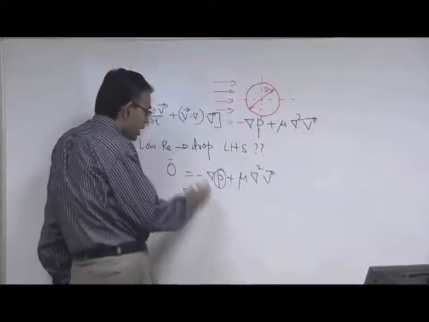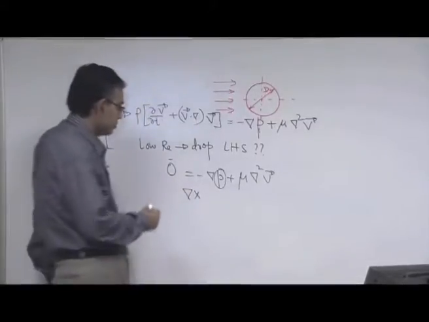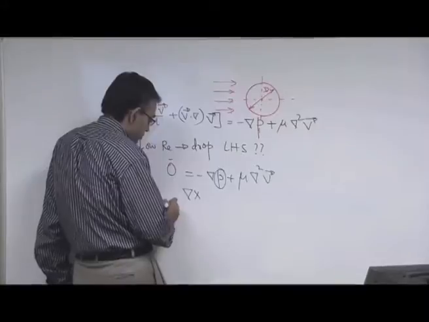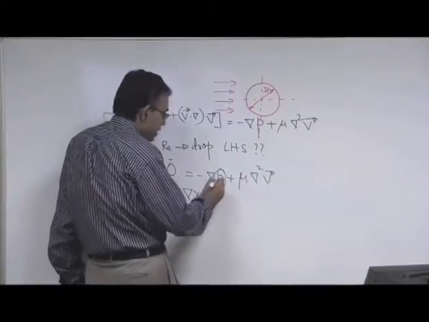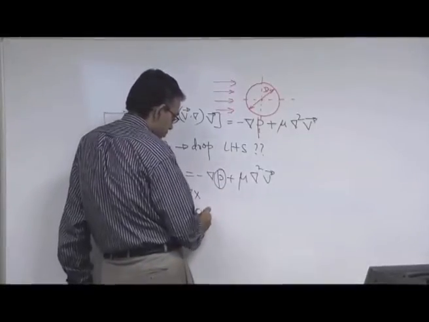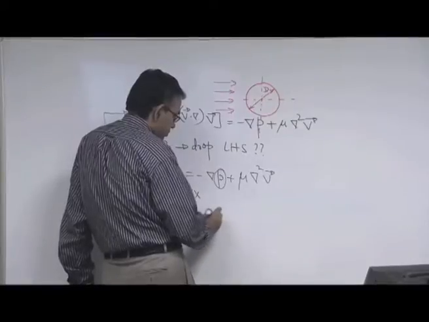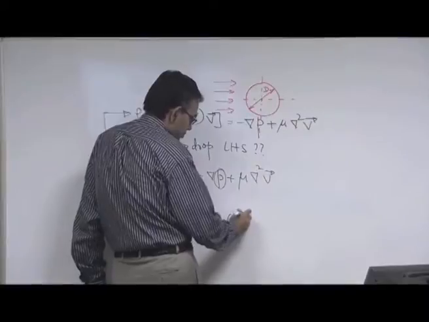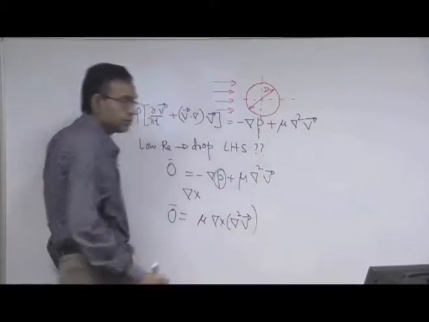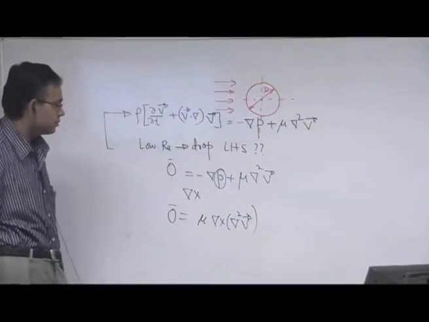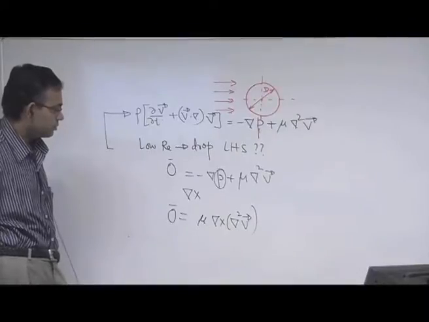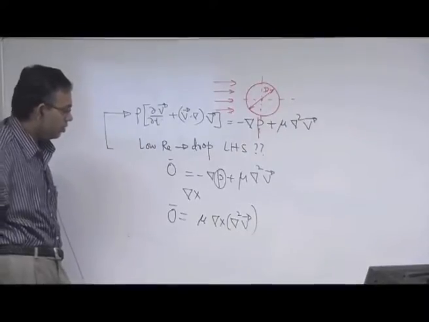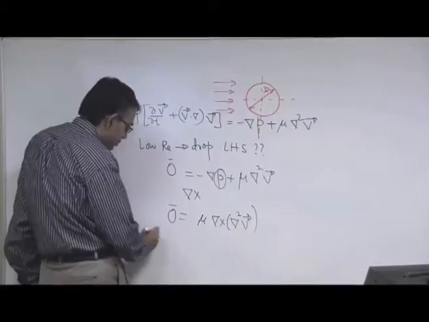So if you take the curl of both sides, this becomes 0, now we will use a vector identity.